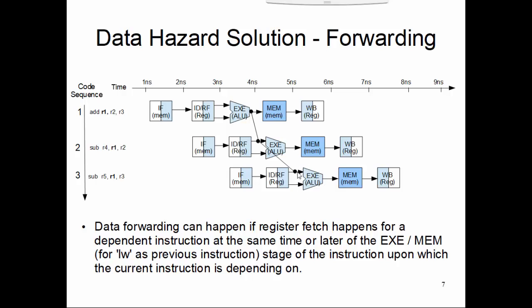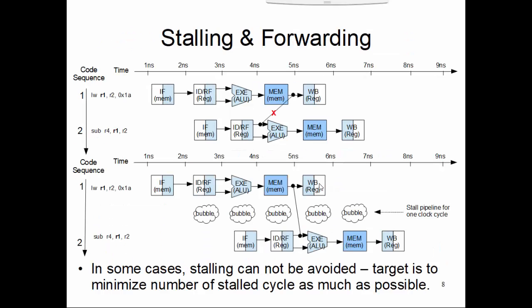Now take another case like this one. We have a load word R1, R2, and some offset, and then we do a subtraction of R2 from R1 and put that result into R4.